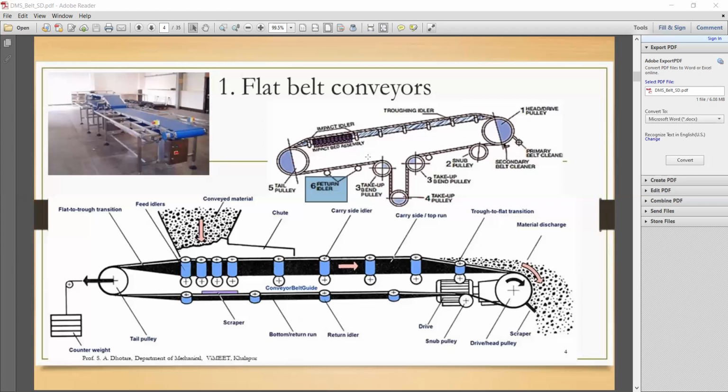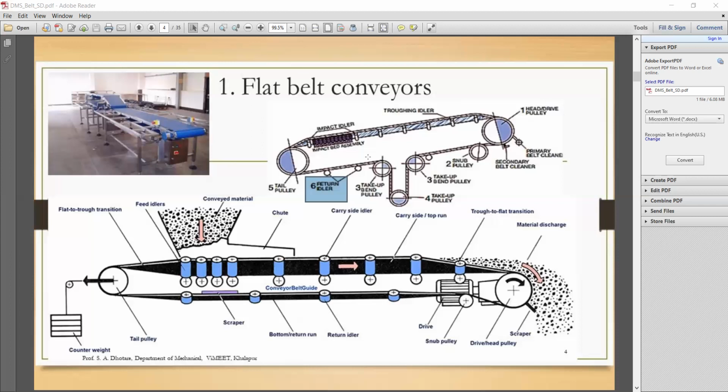The belt is flat in the left side top corner. I have shown the actual picture of the flat belt conveyor system. Okay, so let's see the basic advantages of the flat belt conveyor system.